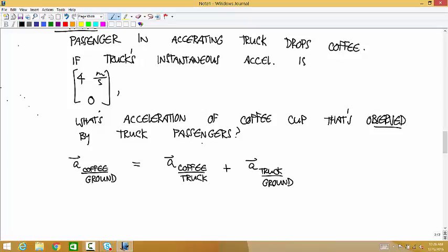We know that this is the right order because of the fraction multiplication thing. Coffee over ground is equal to coffee over truck times truck over ground. What we know is that the acceleration of the coffee with respect to the ground is 9.81 down. So 0, negative 9.81.